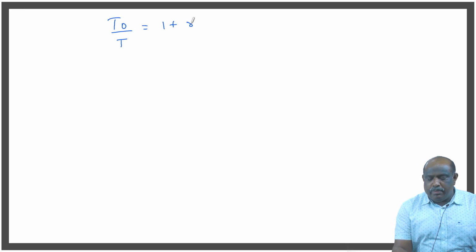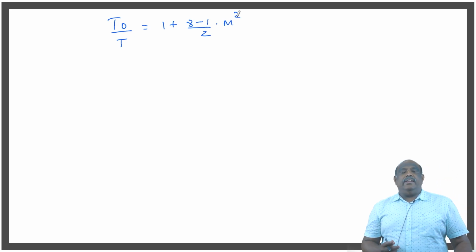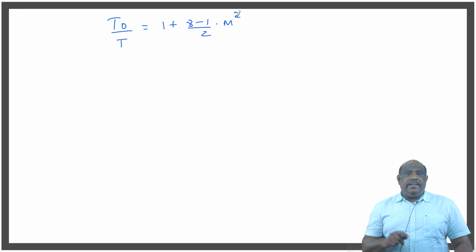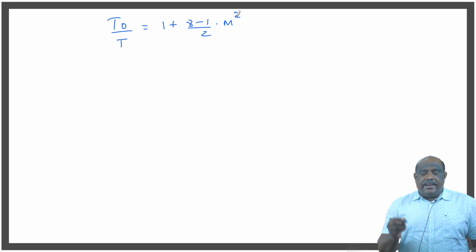So we can see here T naught by T equals 1 plus gamma minus 1 by 2 into M squared. Here the variables are T and M only. T naught is a constant, as H naught is constant. Stagnation enthalpy and stagnation temperature are constant, whereas T and M are variables, which means I can write like this.